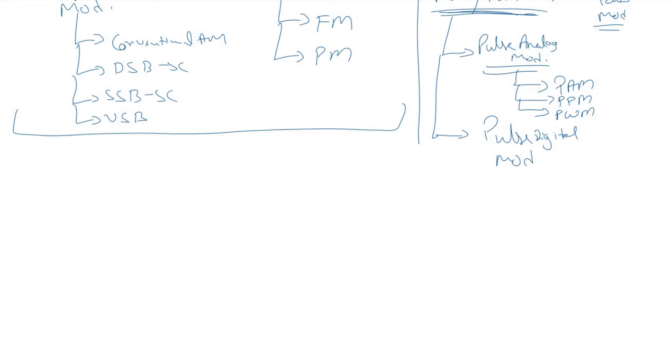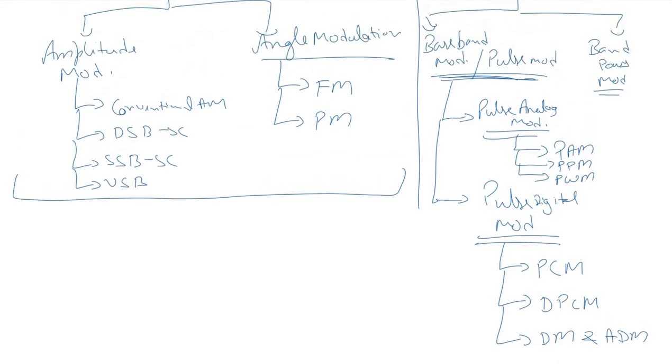And on the other hand, pulse digital modulation can be categorized broadly as PCM pulse code modulation, then DPCM differential pulse code modulation, then we have delta modulation and adaptive delta modulation. These are the different types of the pulse analog modulation and pulse digital modulation.